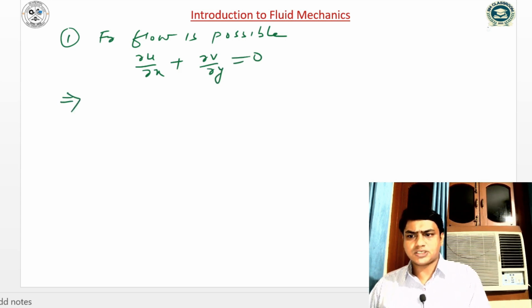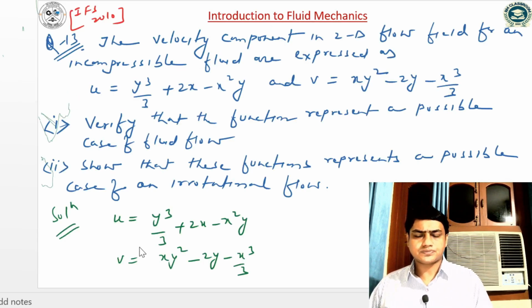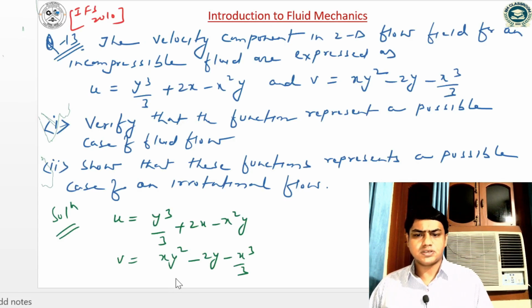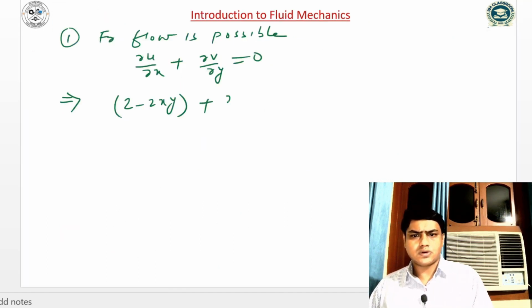What is del u by del x? u is this function, so del u by del x is 2 minus twice xy, plus del v by del y, which is twice xy minus 2, so it will be 0, means flow is possible.